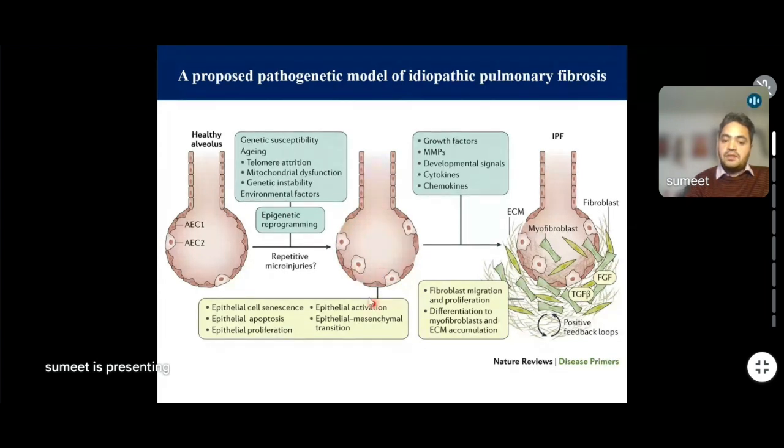And this could be multiple things. There can be epithelial activation, or epithelial to mesenchymal cell transition. It can be senescence, or it can be epithelial apoptosis or proliferation. So multiple factors can play a role. This results in increased secretion of growth factors, matrix metalloproteinases, and some of the developmental signals.